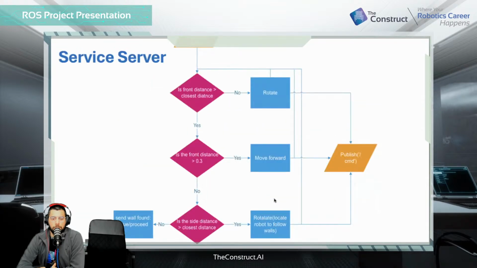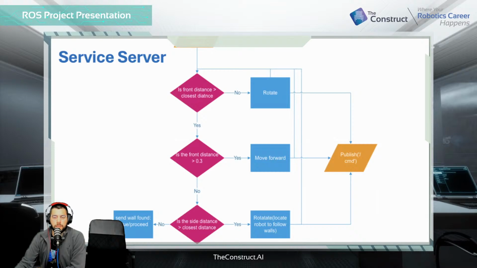So this is the service server. The service server subscribes to the scan, gets readings from the laser sensor, and then checks conditions. The first condition is whether the front distance is the closest distance. If it is not the closest distance, then rotate. When the front distance becomes the closest distance, check whether the front distance is more than 0.3. If it's more than 0.3, then move towards the wall.